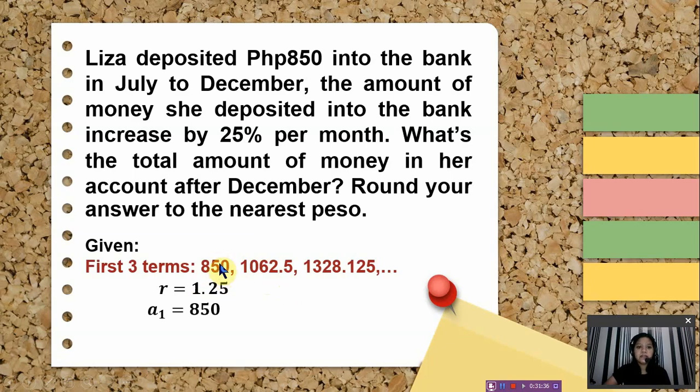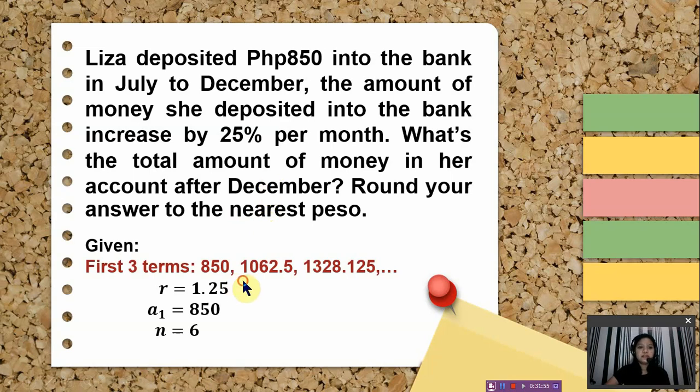And our A sub 1 is 850. Our N is 6. Why 6? July, August, September, October, November, December. So we have 6 months. Now, what formula should we use?